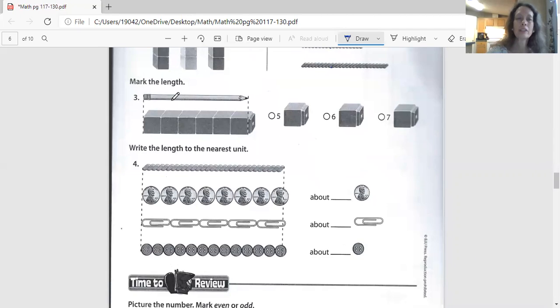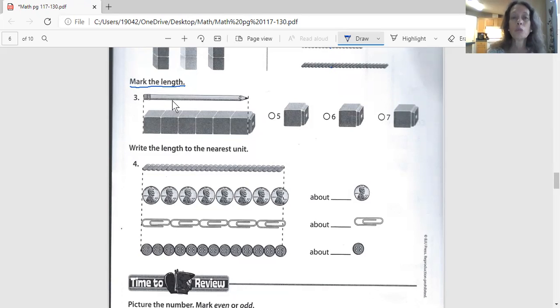Okay. Very good. Next section says, mark the length. All right, this has got some tests. They look like a standard test you might take. It's asking us to measure using non-standard units. This is not using the ruler.